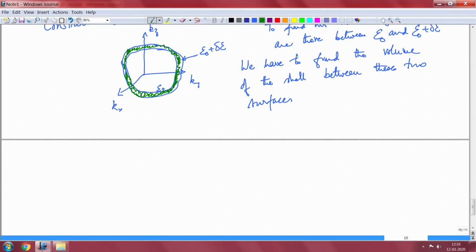So, if I have to find out what the volume of the shell is, then what I really have to do is integrate.